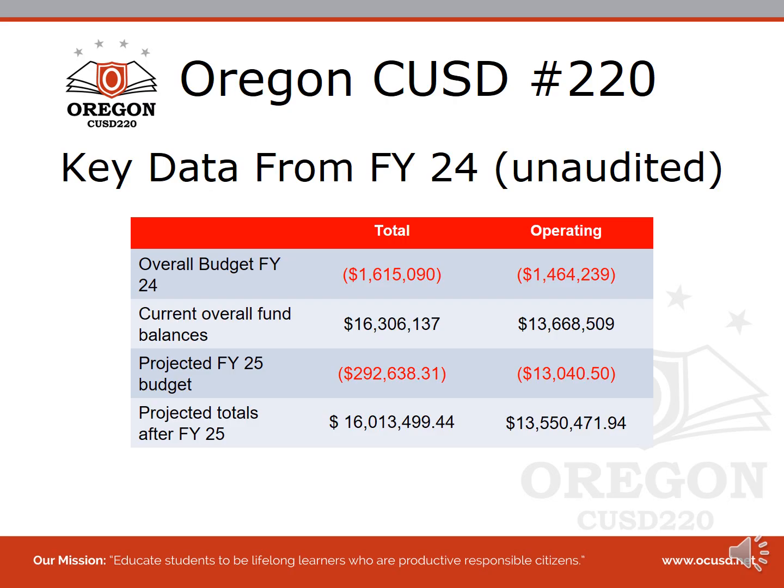As you can see, at the end of fiscal year 24, these are unaudited numbers, so they will switch, but probably very slightly. We have about $16 million in the bank and $13 million in our operating fund. The operating fund, from a logistical standpoint for me as a superintendent, is a much more important number.